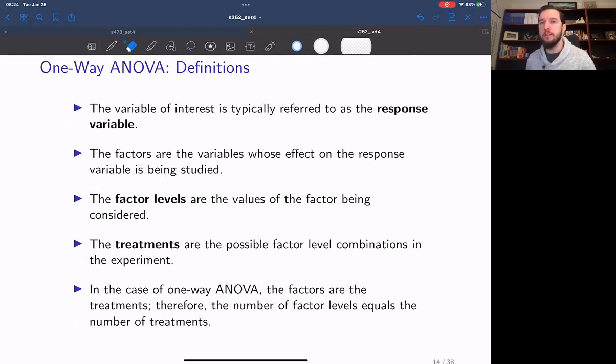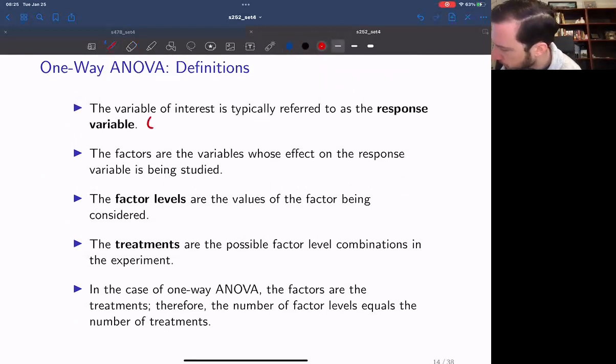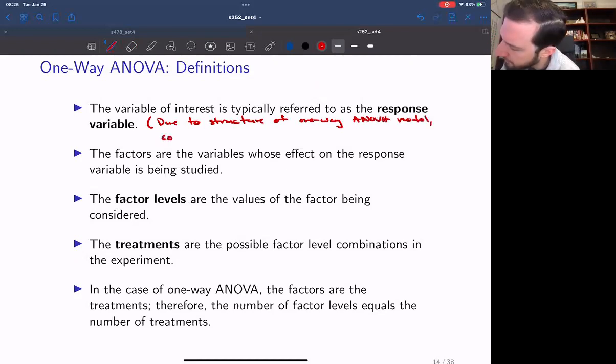The variable of interest is also referred to as a response variable. The rationale for this will become more clear when we actually see the one-way ANOVA model. I'll just make a note here. We can compare this to a regression model.